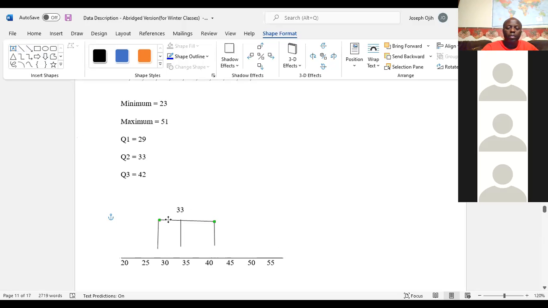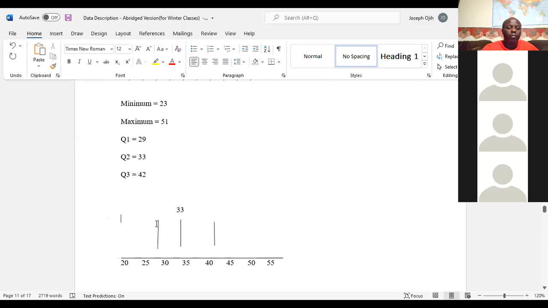You know what I'm going to do? I think I get the idea. Let me just use this. In the classroom this is easy, but with this Word document, sometimes it can be challenging, but we'll figure it out.